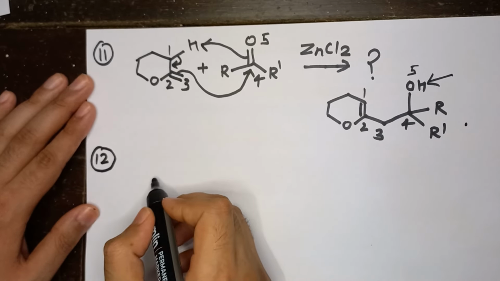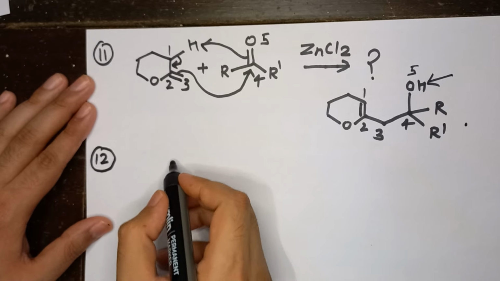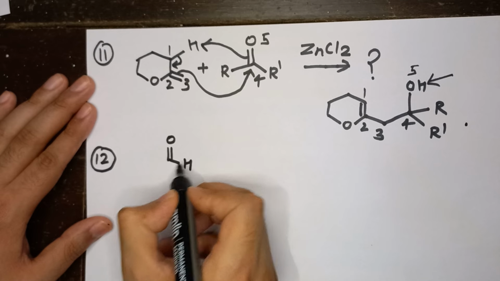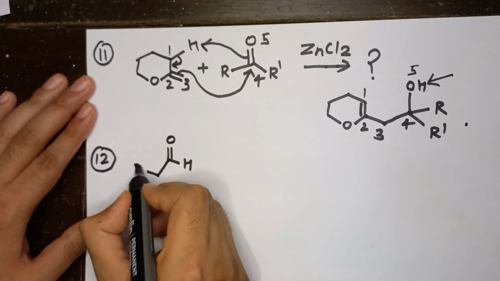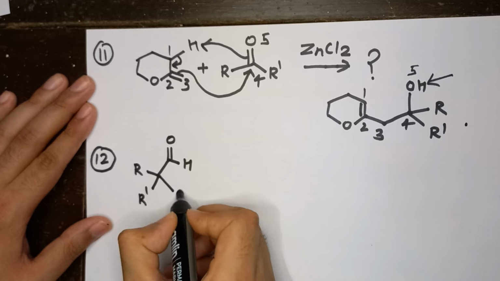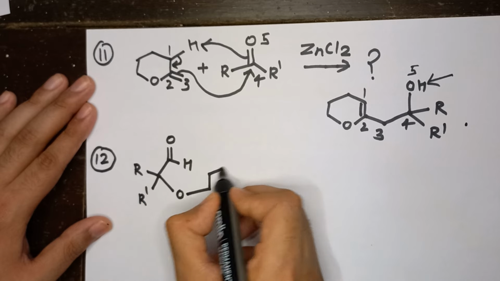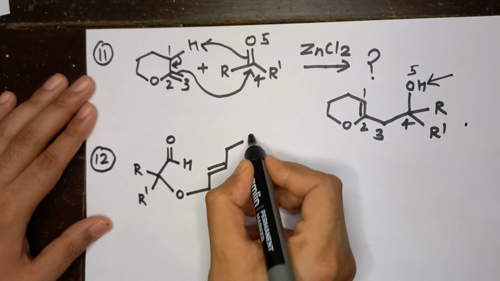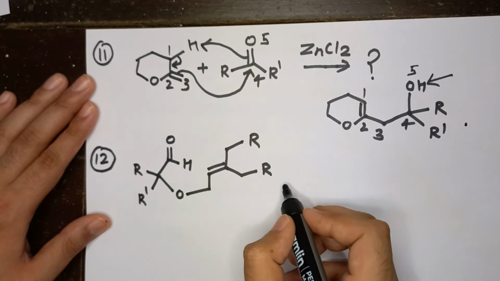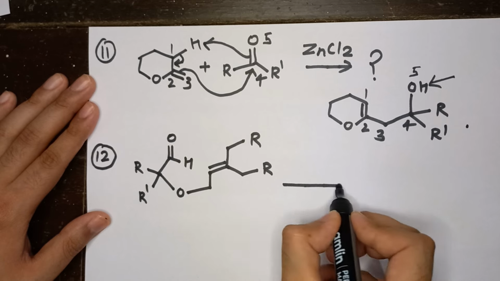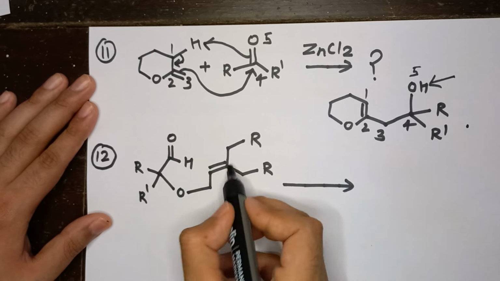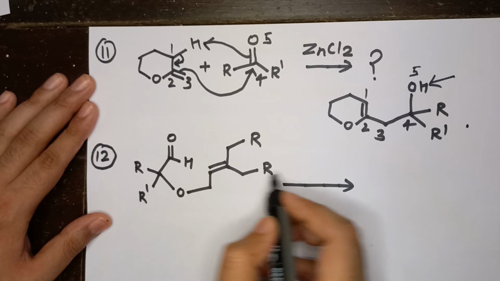Now this is the next question for you. Feel free to pause the video and try by yourself. So I'm reacting this molecule. It's a sort of intramolecular reaction where you have an alkene and an aldehyde in the same system.